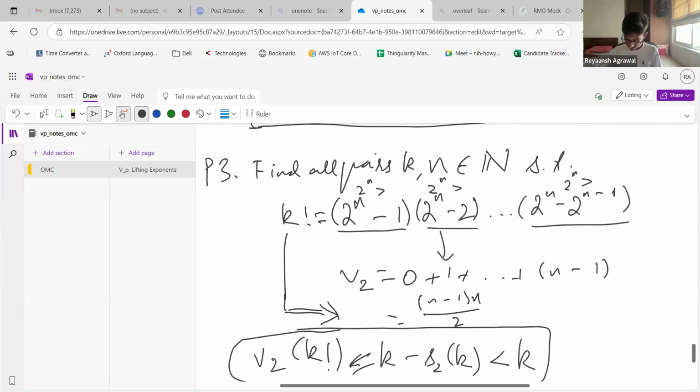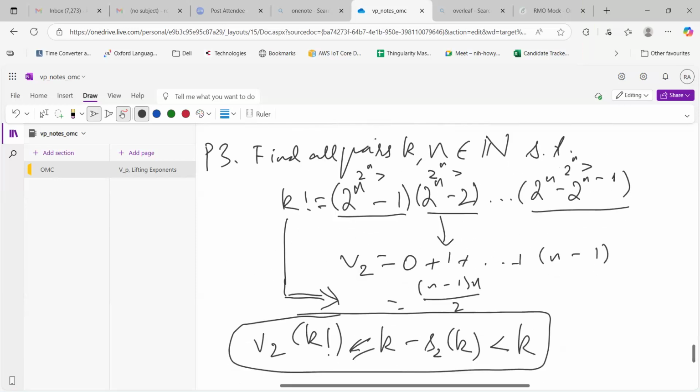Can you show it's less than something? It's less than 2 to the power n. Yes, but each term is less than 2 power n, and there are n terms. So the whole product is less than? 2 power n square. Yes, exactly.